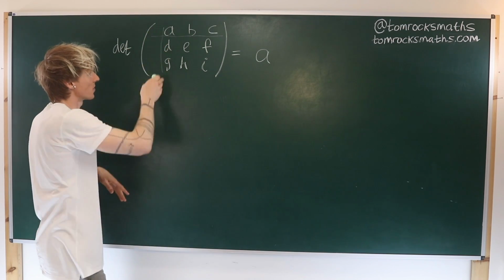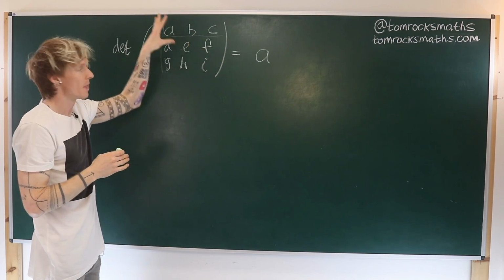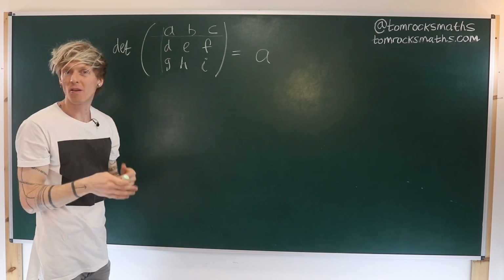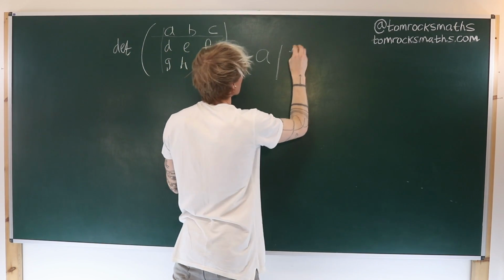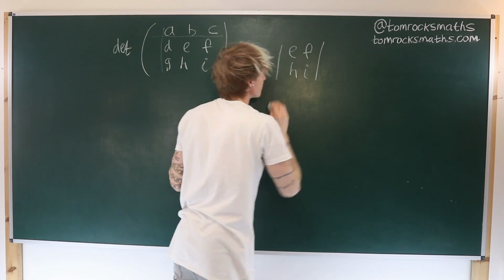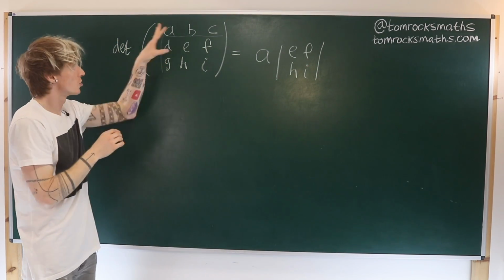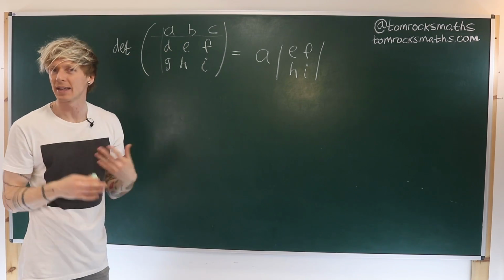Because we cross off this row and this column, we then calculate the 2 by 2 determinant of what's left. So here we're left with the 2 by 2, which has E, F, H, and I. Now that's our first 2 by 2 that we've calculated as part of the larger calculation.